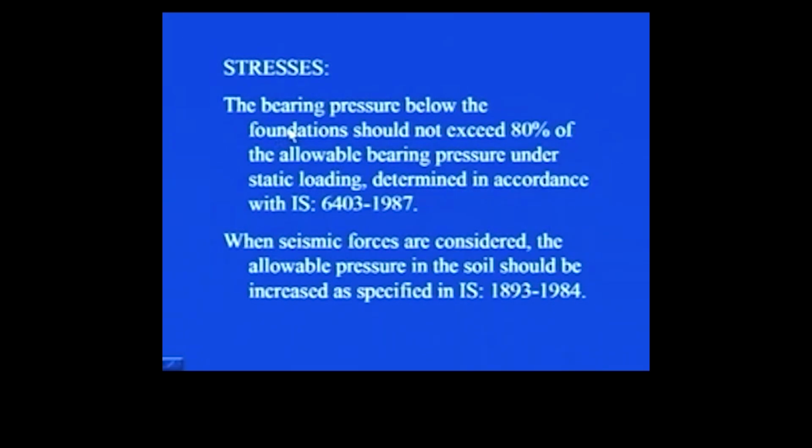In the case of a machine foundation, once you find the allowable bearing pressure under static loading from IS 6403-1987, you should reduce it by 20%, that is, the bearing pressure below the foundation should not exceed the 80% which you get for static loading as per this IS code, IS 6403-1987.